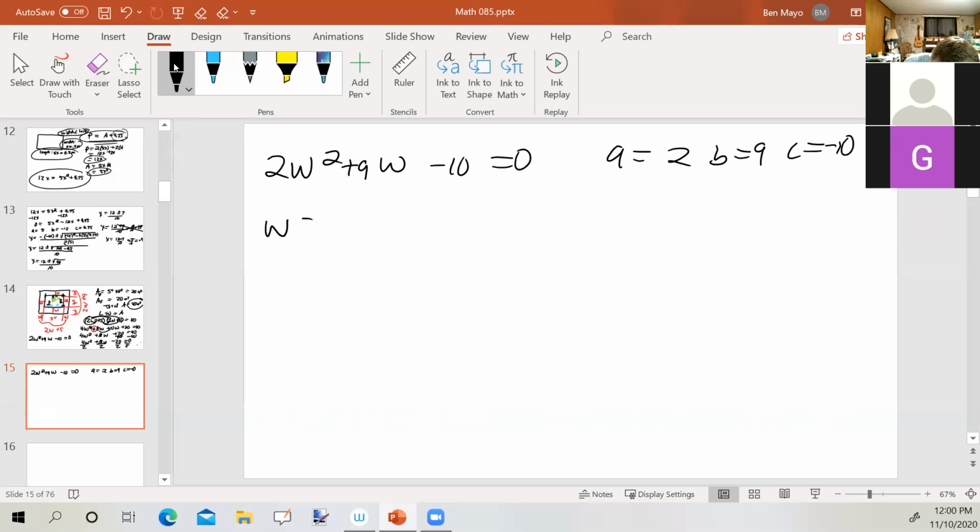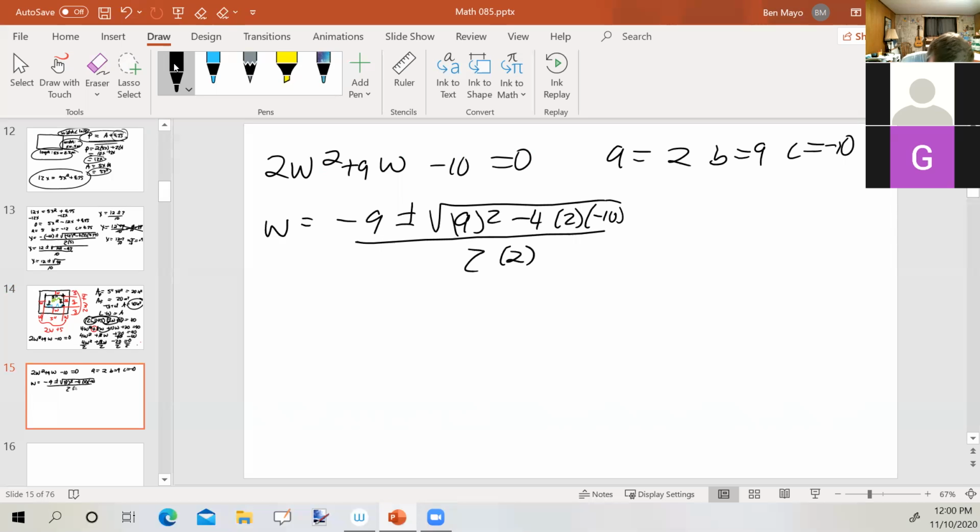So W equals negative B plus or minus. I do want to point this out though. I knew I made a mistake because of the directions, because it said to the nearest, and yet what I was going to get was going to come out nicely. It's a good thing, otherwise I might not have got it. So then B squared minus 4AC all over 2A.